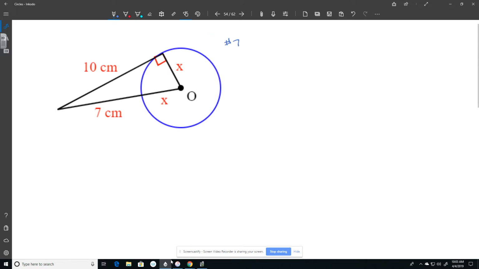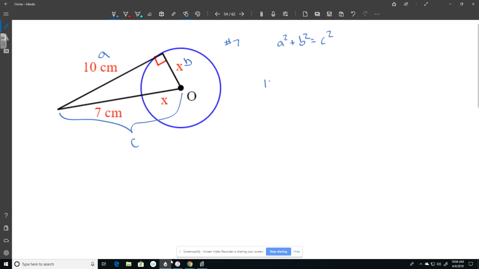The circle, other than telling us that x and x are the radius, which we already knew because they're both x's, we're not really even going to use the circle in this problem. I have a right triangle, and in a right triangle, I know that a squared plus b squared equals c squared. So here's my a, here's my b, and this entire side right here is my c.